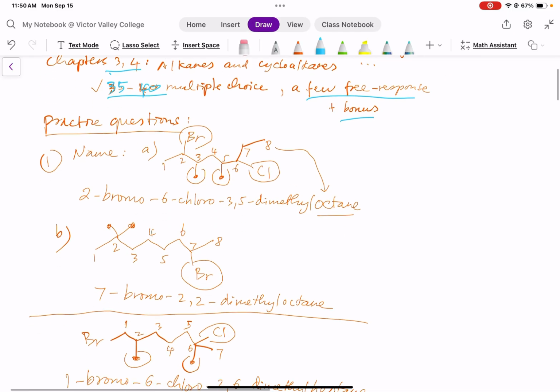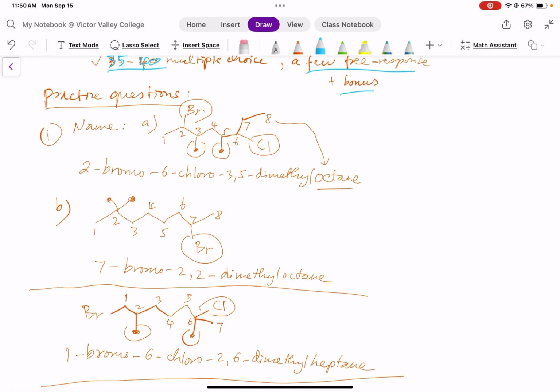Okay, here's some practice questions, guys. The naming alkanes. Okay, we got a good one for you guys. I'm gonna label the main chains in blue. So if you got a molecule like this, you want the longest continuous carbon chain.